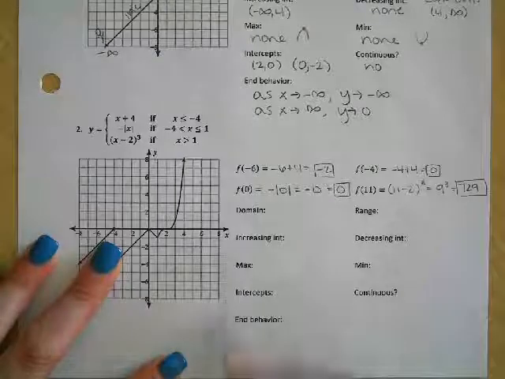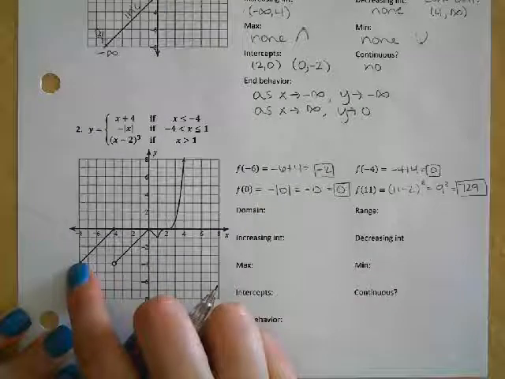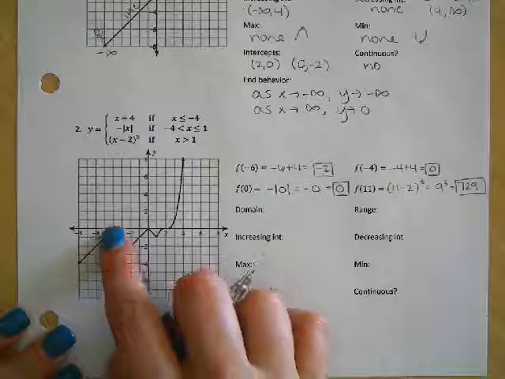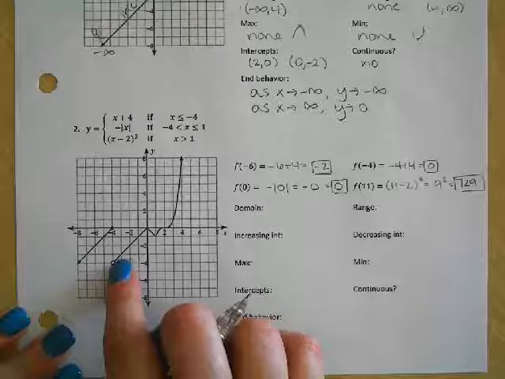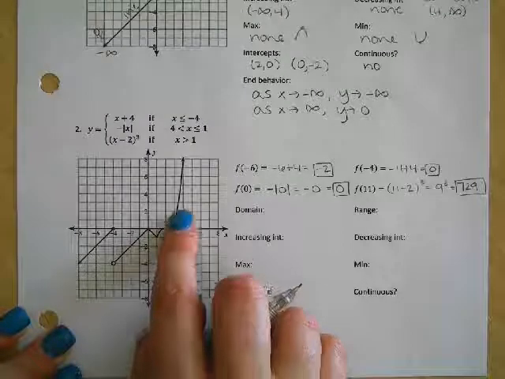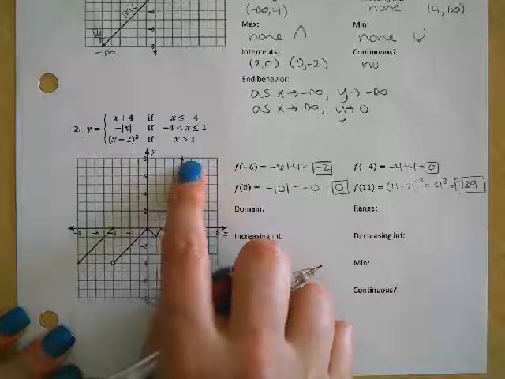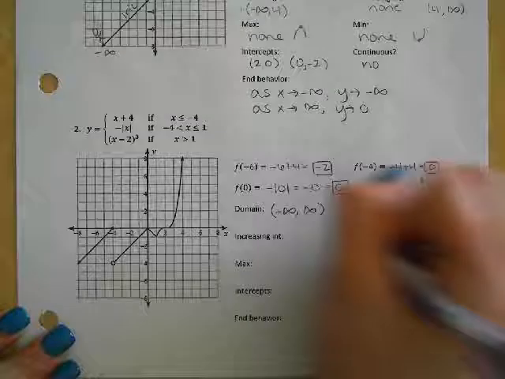So now we're going to check the domain. We're going to look from left to right. So starting at the left, I have all these negative values. It looks like we're including -4. And then I've got all these negative values. I've got 0. I've got my positive x values. And then it goes right forever. So my domain is from -infinity to +infinity.